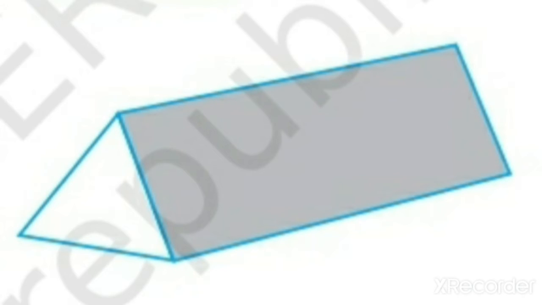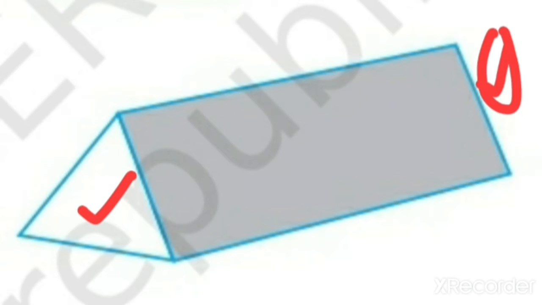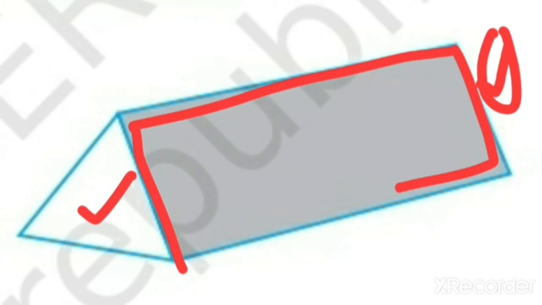And the triangular face is also known as its base. A prism has two identical bases and the other faces are rectangles. You can see two triangle bases, one this side and another this side, and the other faces are rectangles.